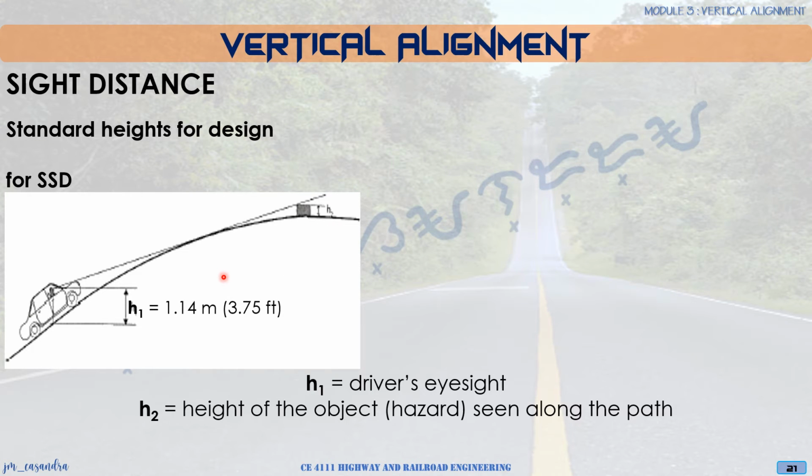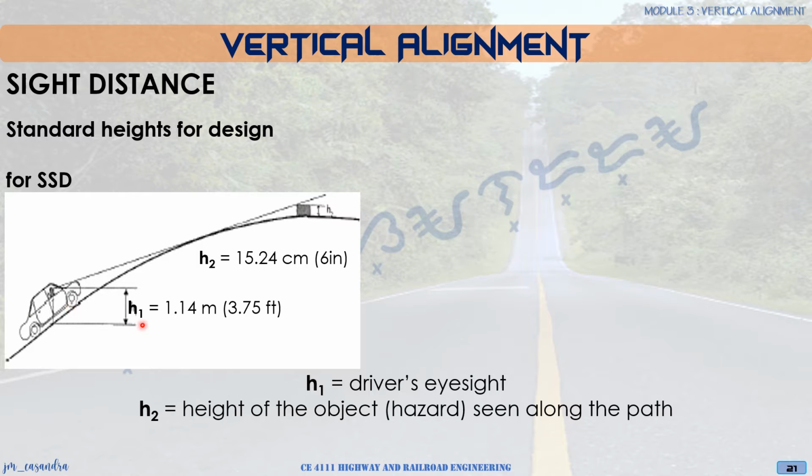So h1 now is equal to 1.14 meters or 3.75 feet. And this is the same value that you can find in your modules. And then for h2, that is now equal to 15.24 centimeters or 6 inches.